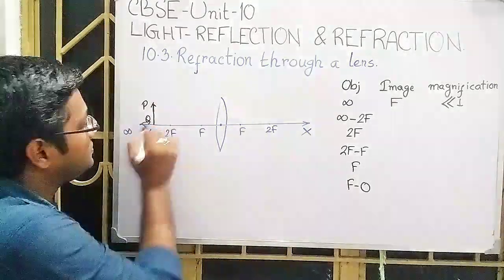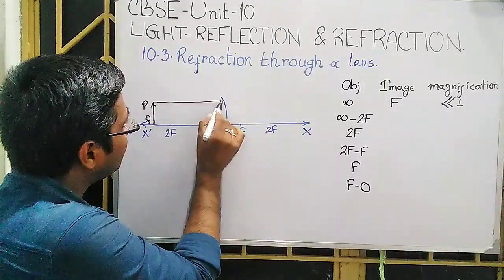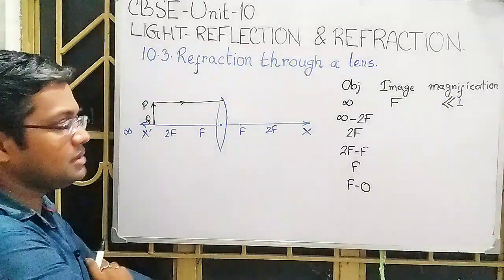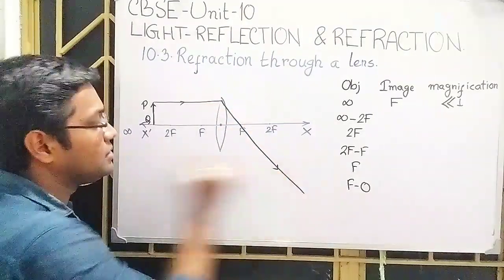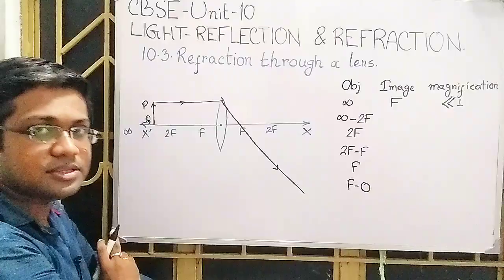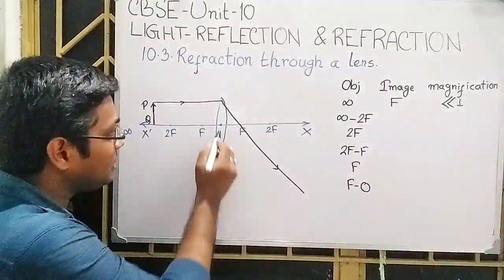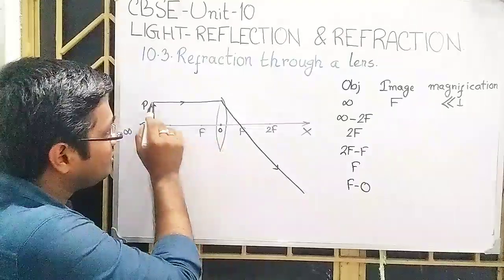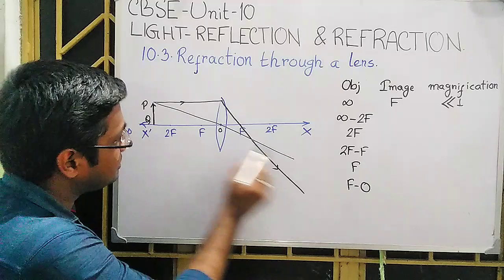P and Q. So the ray parallel to that of the principal axis, passing through the focus, following the first law of image construction. Another ray which is passing through the optical center without any deviation.